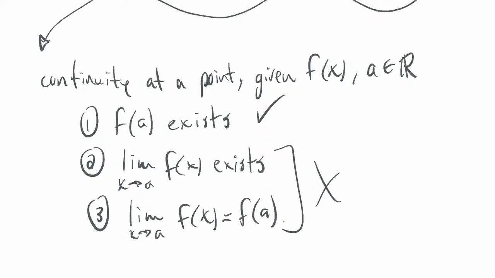This book says that a function is discontinuous at a point if it fails to be continuous at a. In the web work assignments, I'm going to have to check whether that definition is held the same way. Basically, the textbook that used to be used for this course defined it the way I just described, where point 1 has to be met, and then points 2 and 3 have to fail, or at least one of them has to fail.